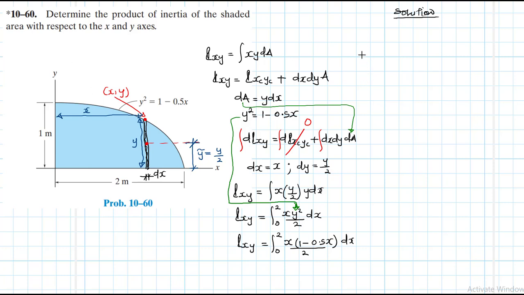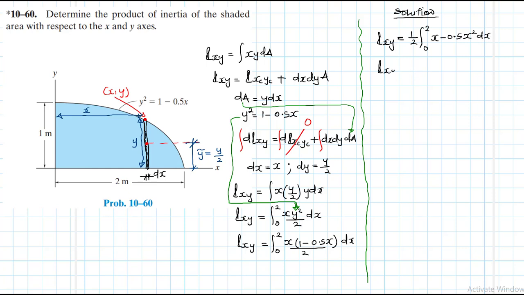All right, so let's evaluate that. Let me draw this line properly. Okay, something like that. Great. Let's evaluate that. Then our I sub xy is going to be equal to, we can factor out a half outside, then integrating from 0 to 2, we have x minus 0.5 x squared dx.